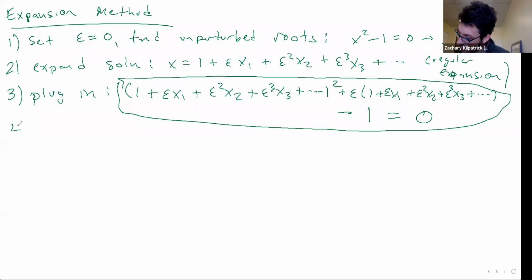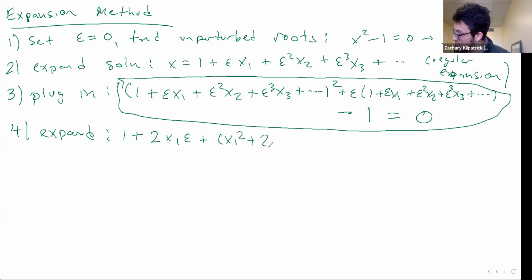Now you have a bit of tedious algebra to do. You have to expand this equation and match terms of similar power. The result of that expansion is that you get 1 plus 2x1 epsilon from the first term, because when you square this, you get 2 of these terms popping out. At order epsilon squared, you get x1 squared plus 2x2 epsilon squared.